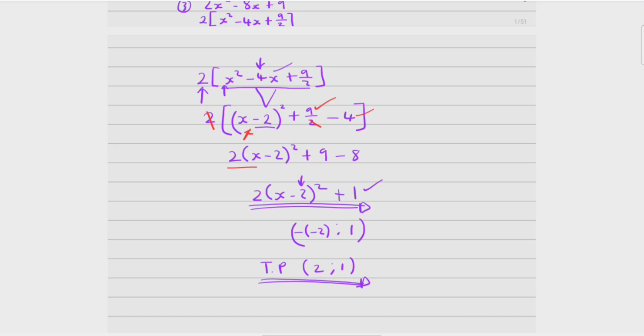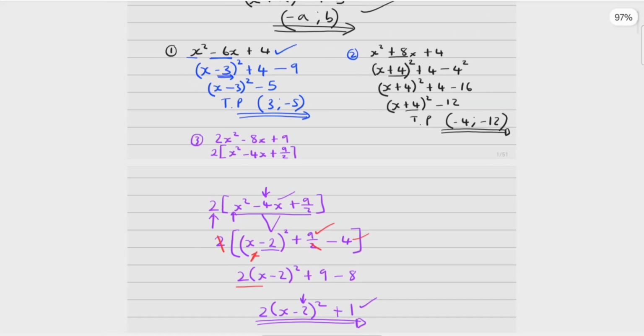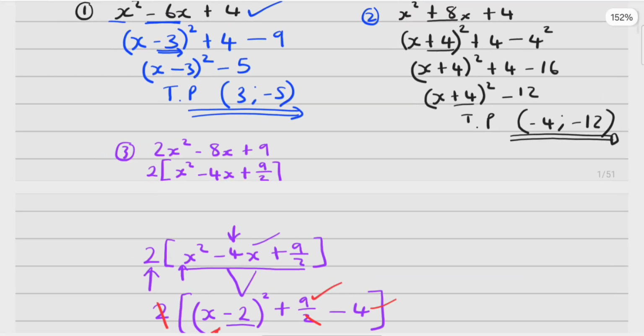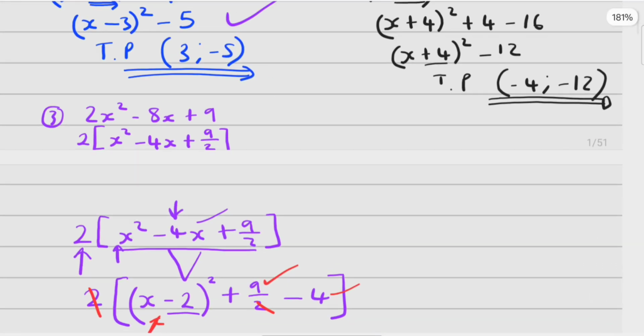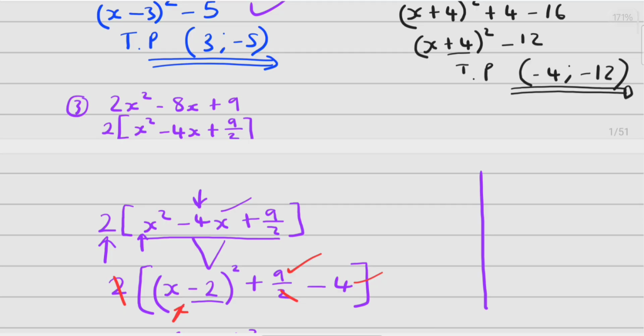So now that we know how to complete the square and get the turning point of a quadratic expression, or a curve rather, we can go ahead and make general sketches of these graphs, right? For example, these ones that we've just been using. So if we're asked to sketch this, for example, we'll just put our y-axis and our x-axis like this, right?